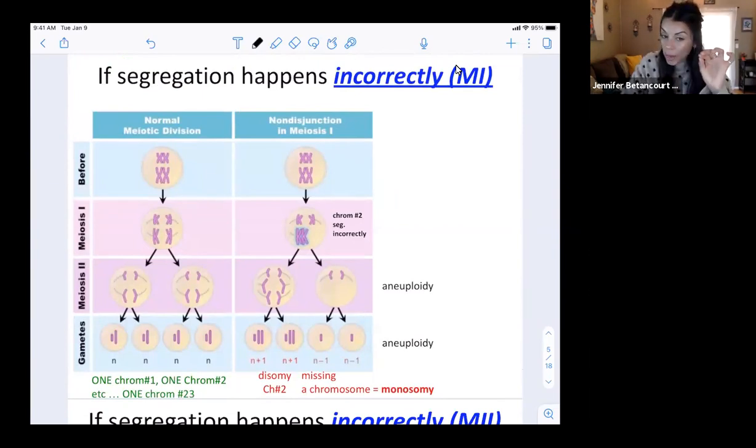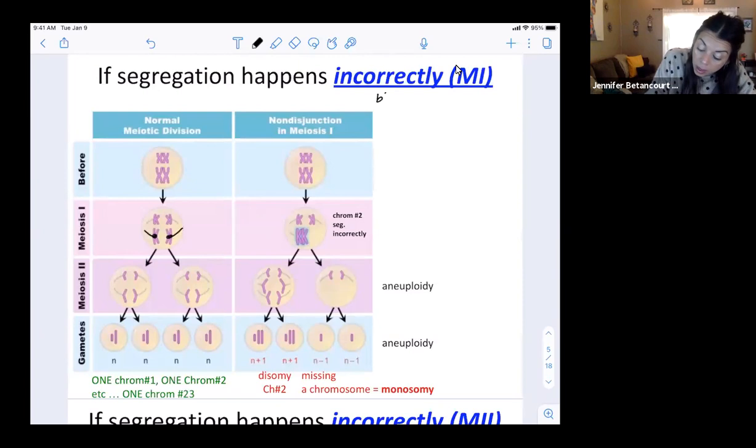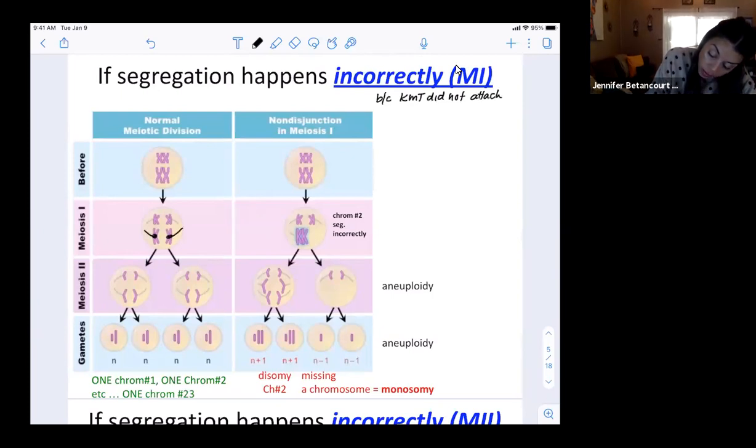If we're talking about meiosis 1, they're supposed to attach to the entire pair, and then in anaphase, it splits apart. So meiosis can go wrong in metaphase 1 because the kinetochore microtubules did not attach correctly. So what does that mean?